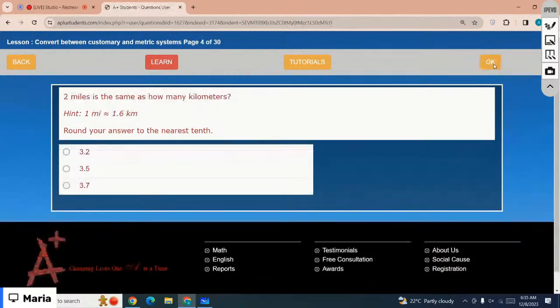2 miles is the same as how many kilometers? Which is the correct option? Yes, that is 3.2. The correct option is 3.2.